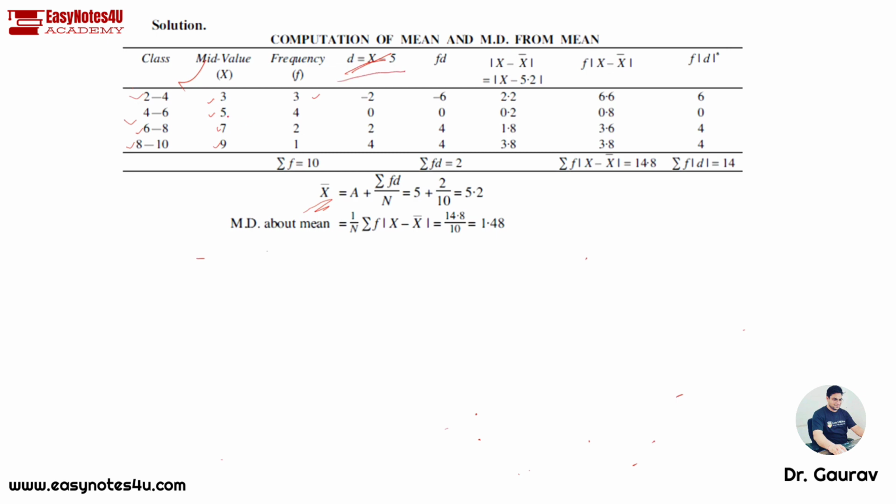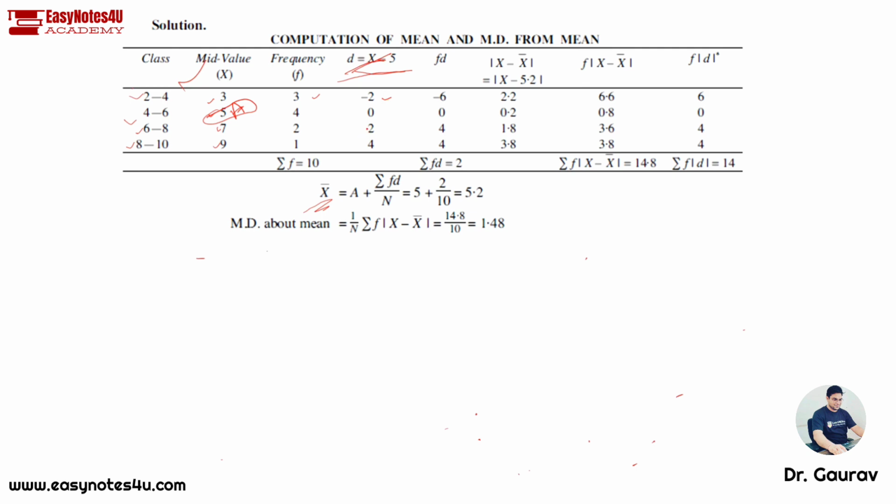So here we have assumed the 5 as an assumed mean, then take the deviation of the x value from the assumed mean. X minus 5 means 3 minus 5, minus 2.